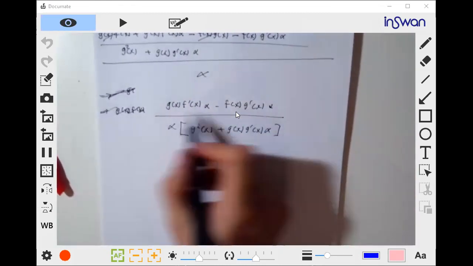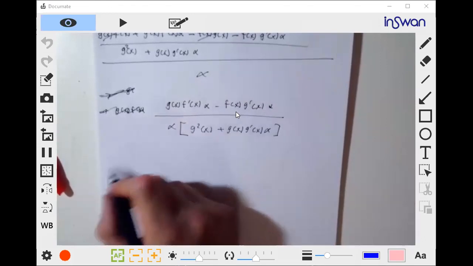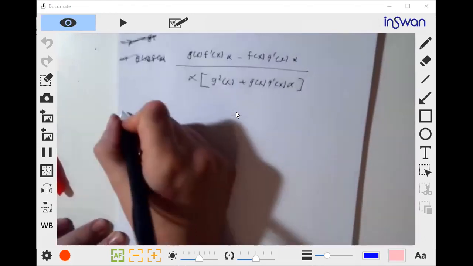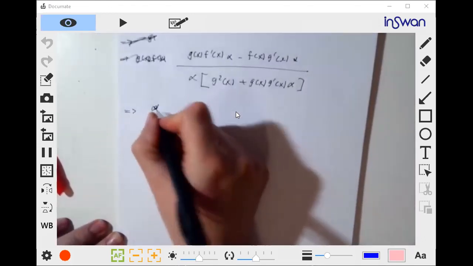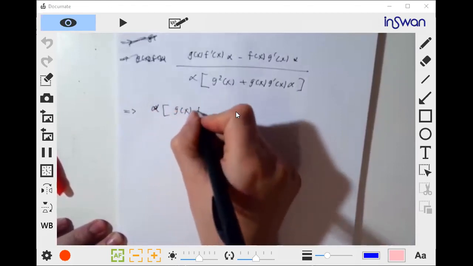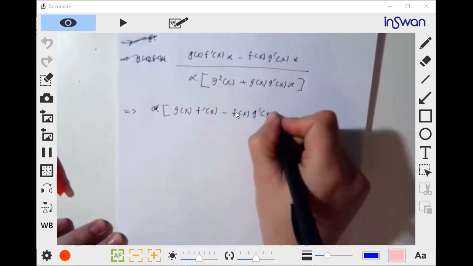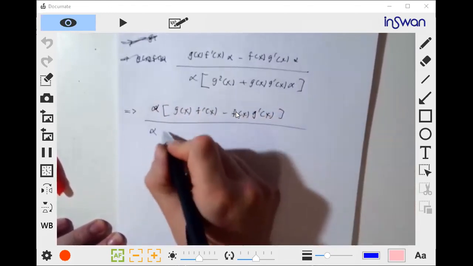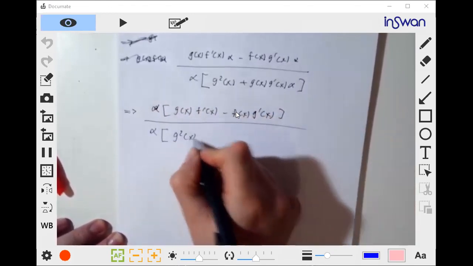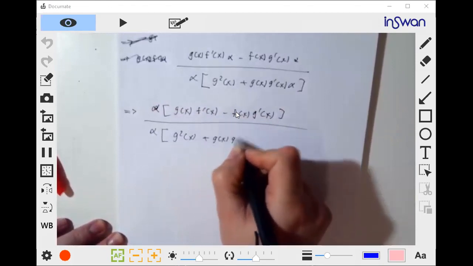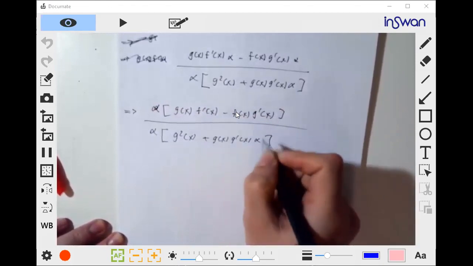Notice that we can factor out alpha from upstairs and cancel it out with this. So this becomes alpha times g of x, f prime of x, minus f of x, g prime of x, all over this alpha times this g squared x, plus g of x, g prime of x, alpha.